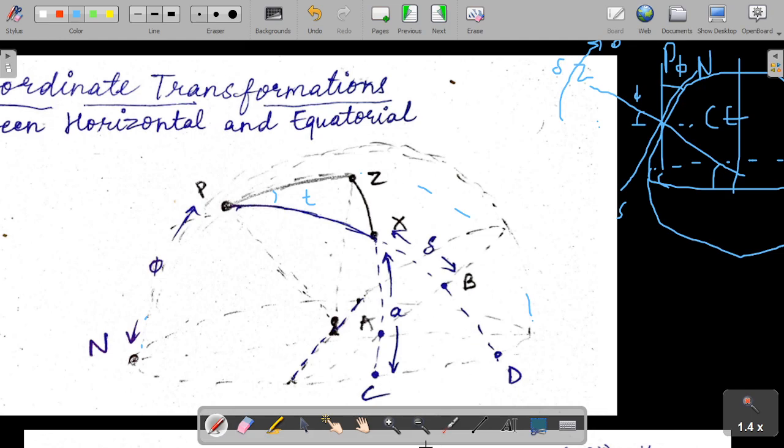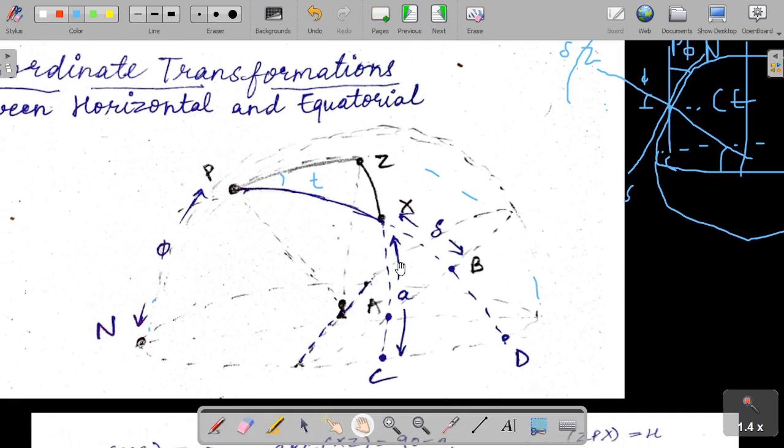Now suppose the right ascension of this star is alpha. As you can see, the sidereal time is just the time from the first point of Aries, which is the right ascension 0 point.